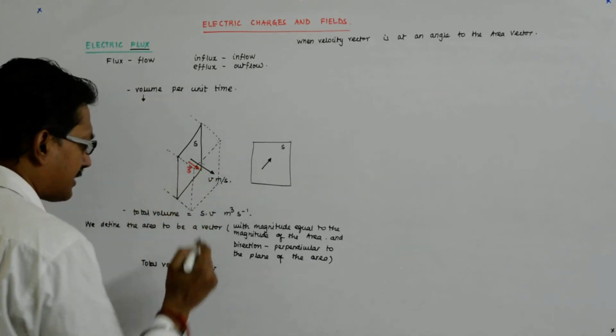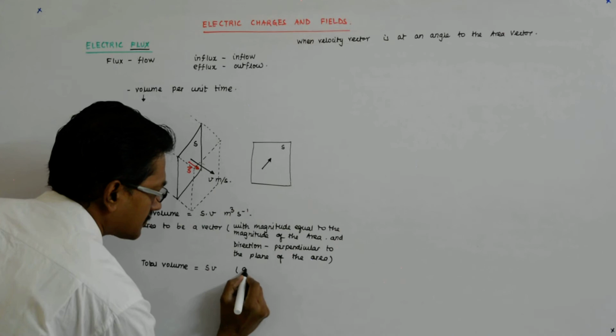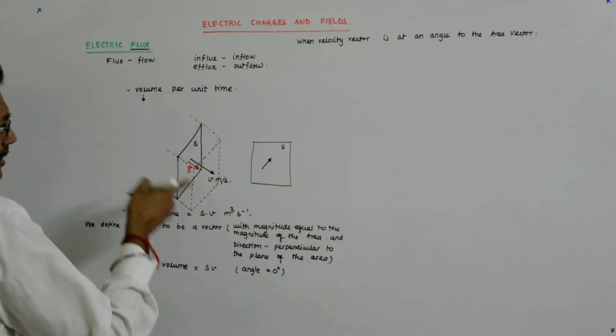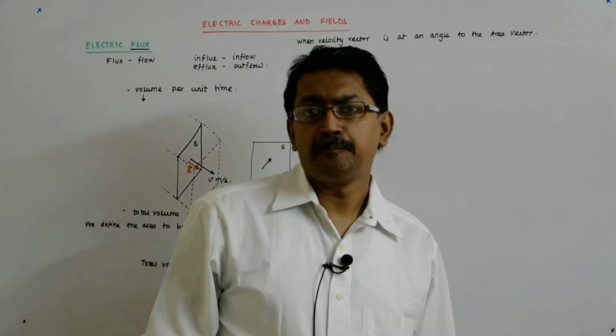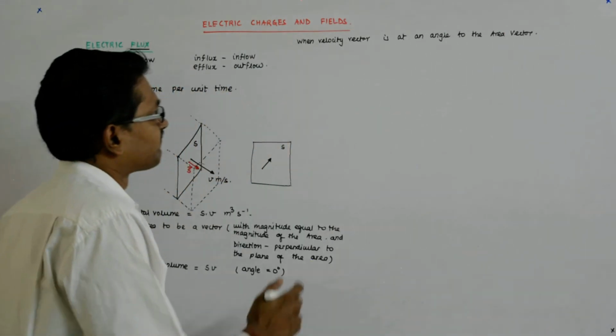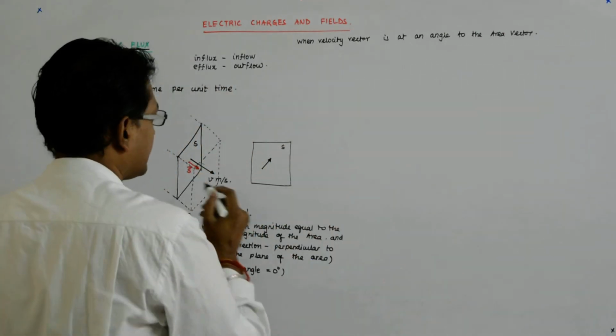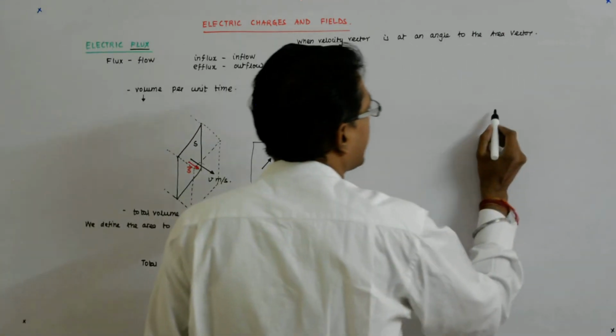Currently, what was the angle here? Angle was 0 degree. Why? Because both of them were parallel, right? Now, when it is at an angle to this, let us try to draw the same thing.